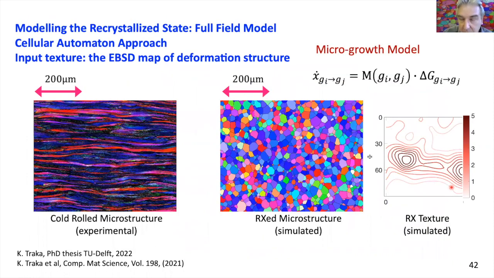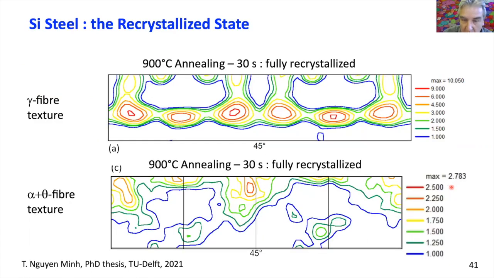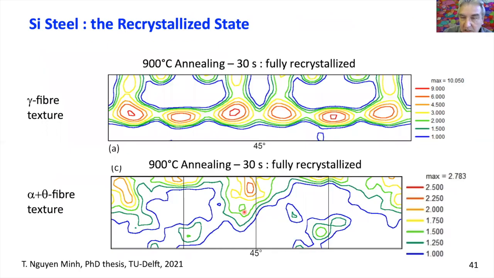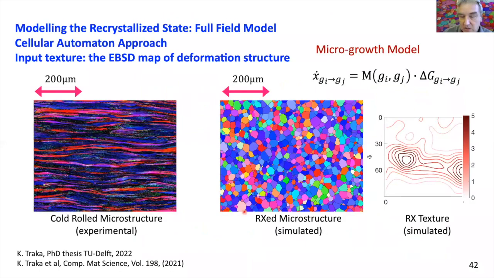From a theoretical point of view, it's of course interesting to know why such similar deformation textures have such very different recrystallization textures. And this problem was addressed in the PhD of Konstantina Traka, who used a full field model based on a cellular automaton approach, in which she applied a local growth law on the deformed microstructure.